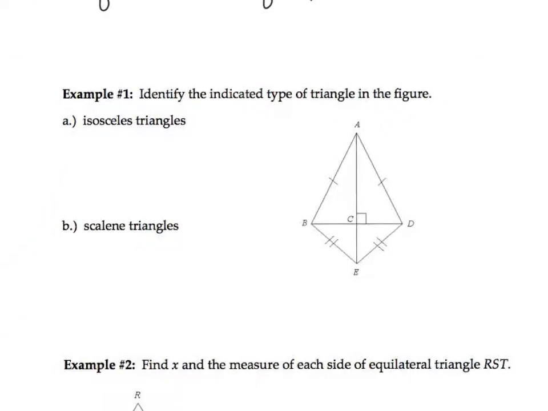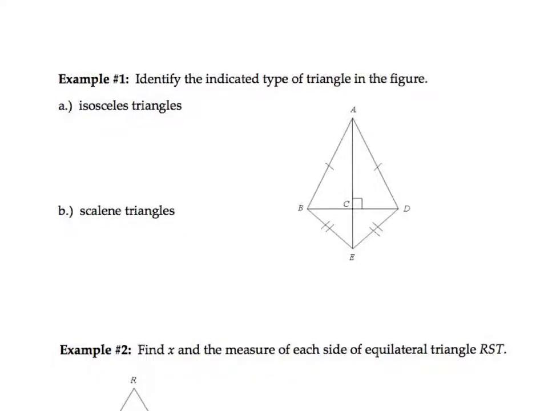So we look at this first example, we want to identify the indicated type of triangle. So in A, I want to identify all isosceles triangles. So isosceles have two or more sides the same. And if I look, I know that side AB and side AD are the same since they are congruent.